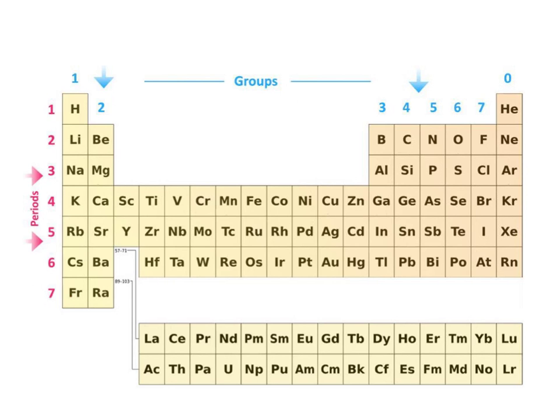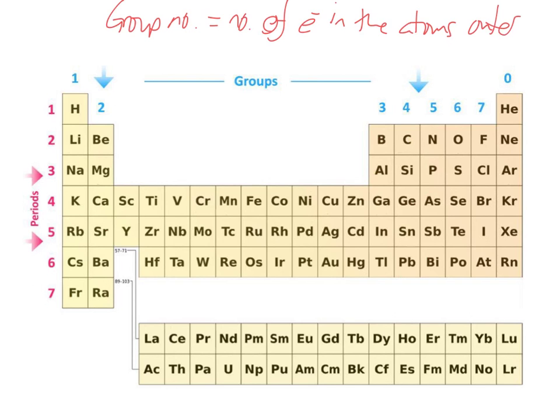The groups are columns, going down like so, and the group number tells us the number of electrons, which I'm going to abbreviate to E-, in the atom's outer shell.